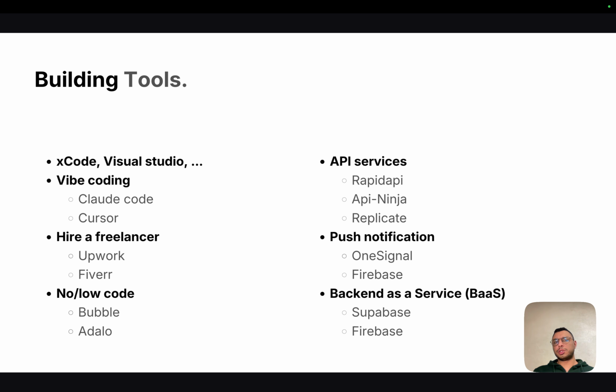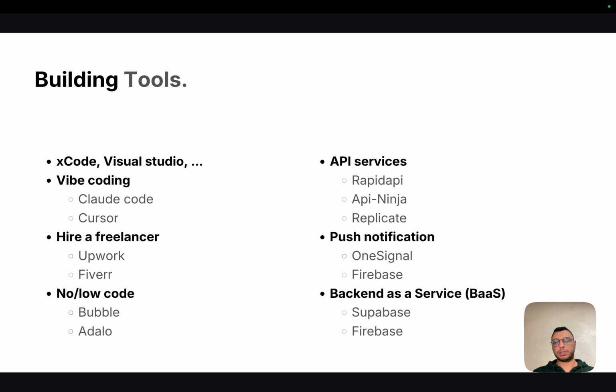Then for the tools that we can use for building, for the development environment, we can use Xcode for mainly SwiftUI, or use Visual Studio or other development environments. Also for vibe coding, we can use Claude Code, Cursor, Replit, and there is Antigravity from Google.